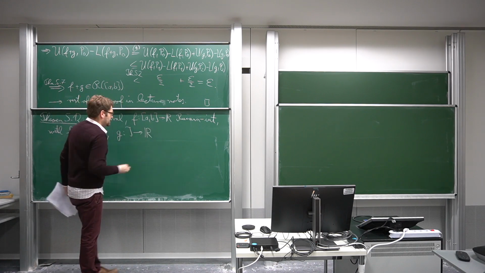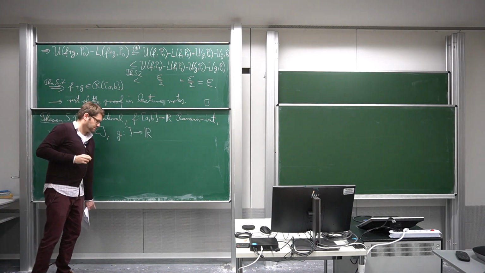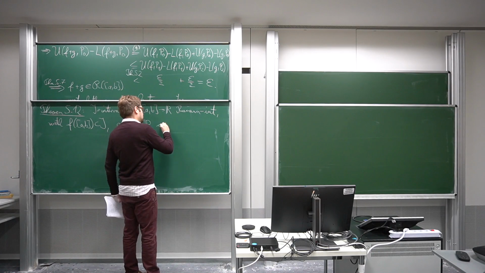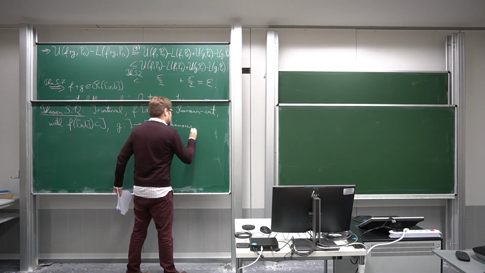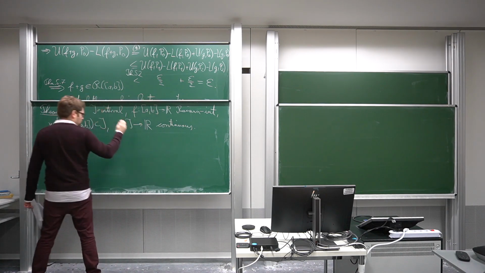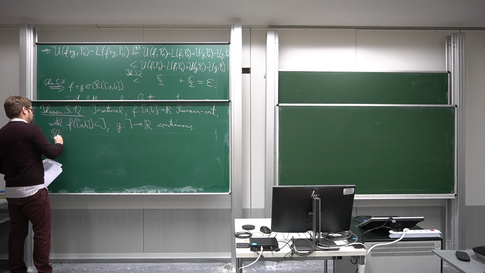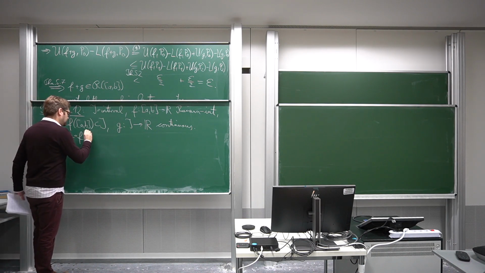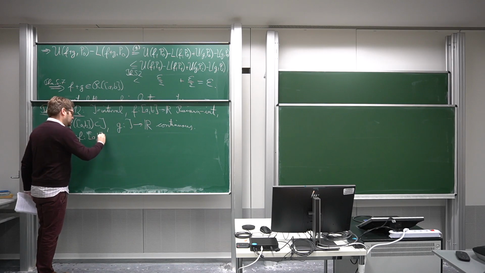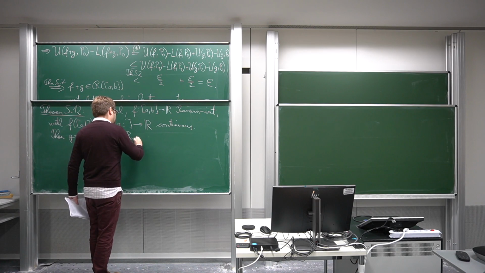As I said, if g is just Riemann-integrable, it doesn't follow that the composition is Riemann-integrable. But we need to assume here that g is continuous. This is enough. So the composition of a continuous function with a Riemann-integrable function is Riemann-integrable. Then g composed with f, which is now going from [a,b] to R, is Riemann-integrable.